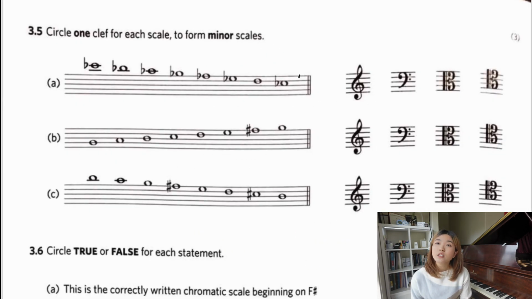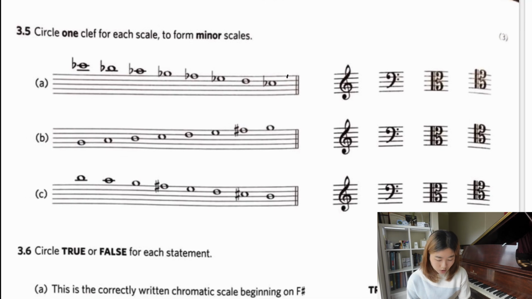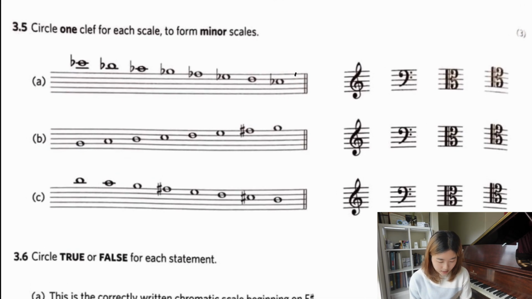Okay, the next section is quite challenging for a lot of students. Circle one clef for each scale to form the minor scales. Okay, so which means we're gonna choose the clef that can make it form a minor scale. I will suggest students to write all the clefs, and then imagine you put the clef in the beginning, and you will know what scale it eventually forms.